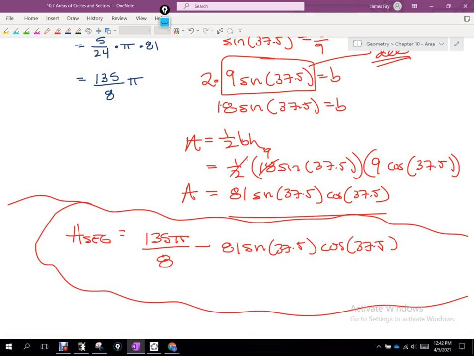Does that make sense? When we get to trig, we'll demonstrate in trigonometry how you can rewrite this as a much cleaner expression. Okay?